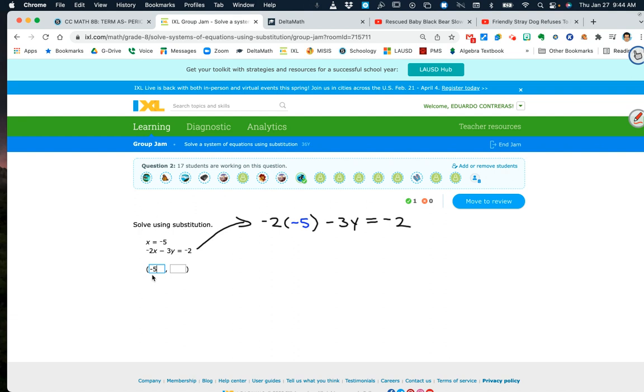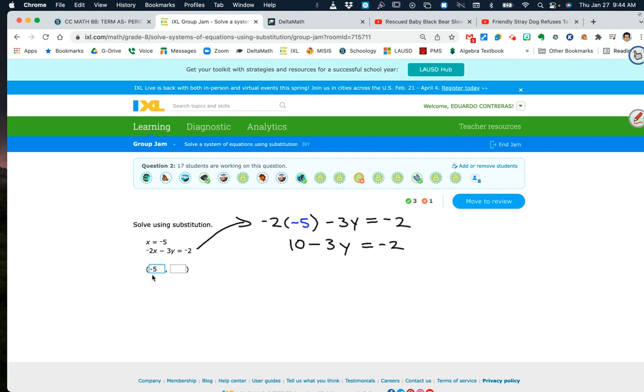Okay, there's our equation. And what does that give us? Positive 10, take away 3y, equals negative 2. Okay. We want to solve that.